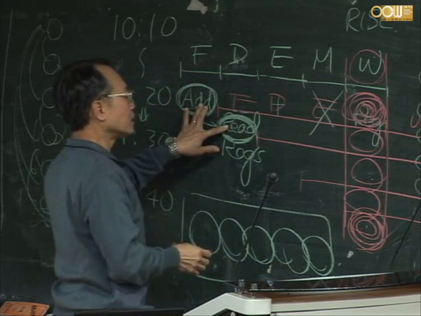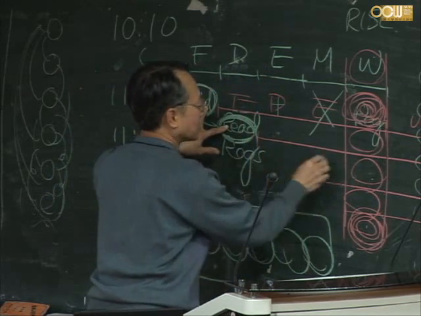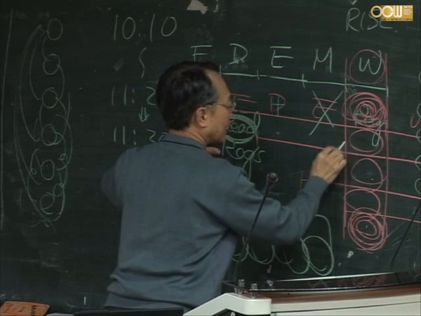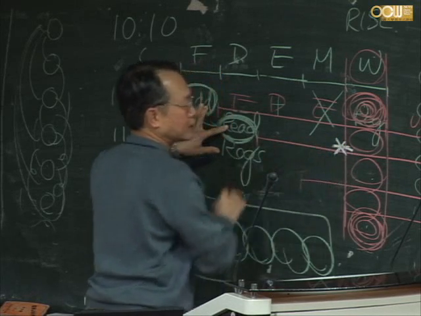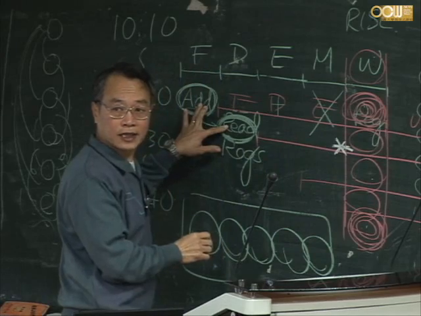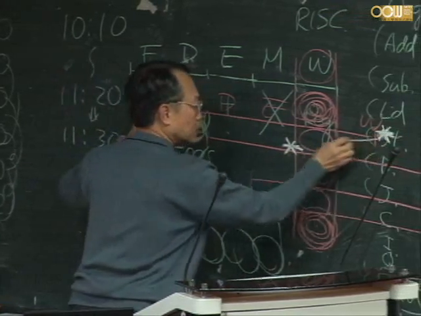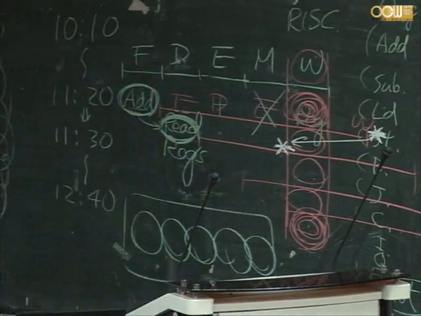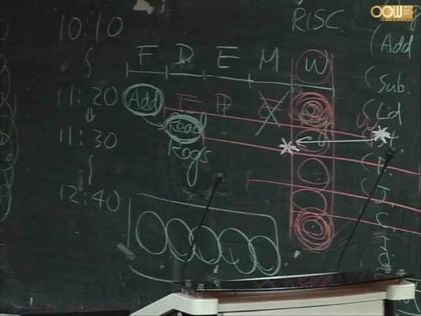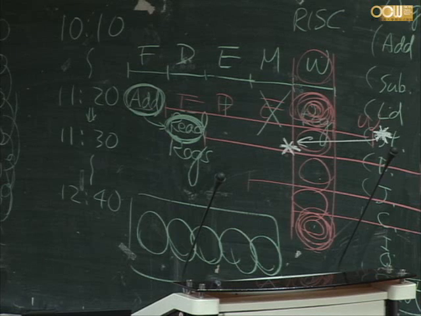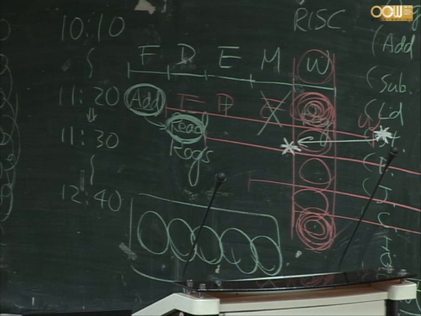Yet the result is required by this instruction at the end of the decode stage. So the result is not available until this point, but it is required here. So what happens? This result will have to travel back in history, which is impossible.